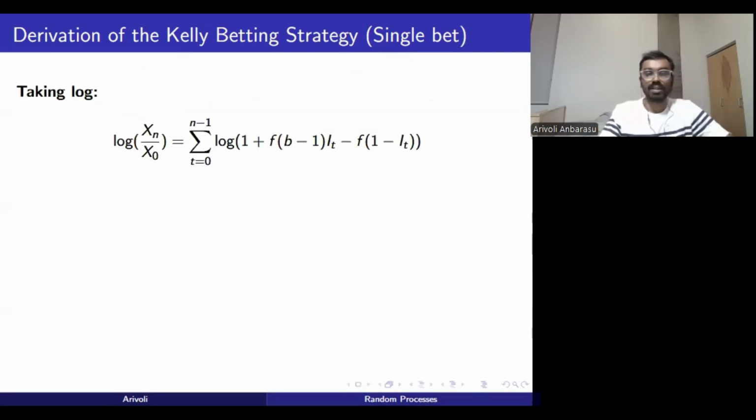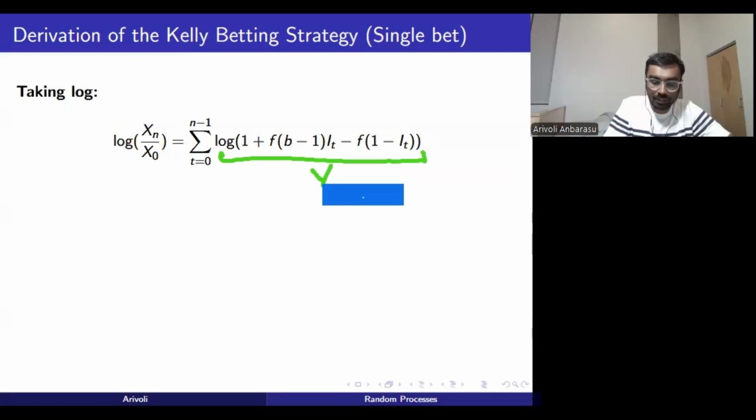So we have this summation. We got the log ratio as a sum of a sequence of random variables. Let's denote this random variable as yt.